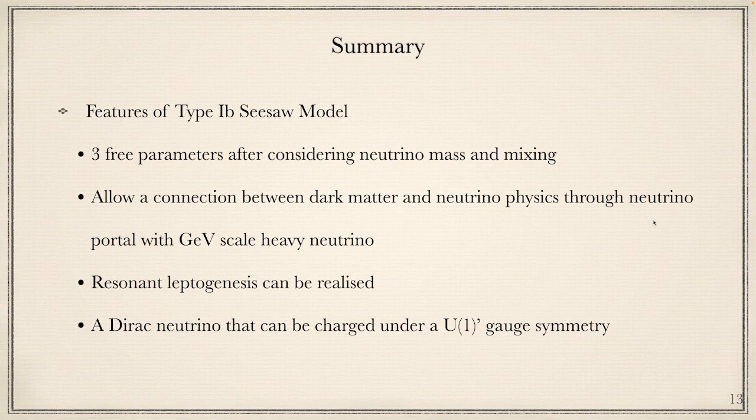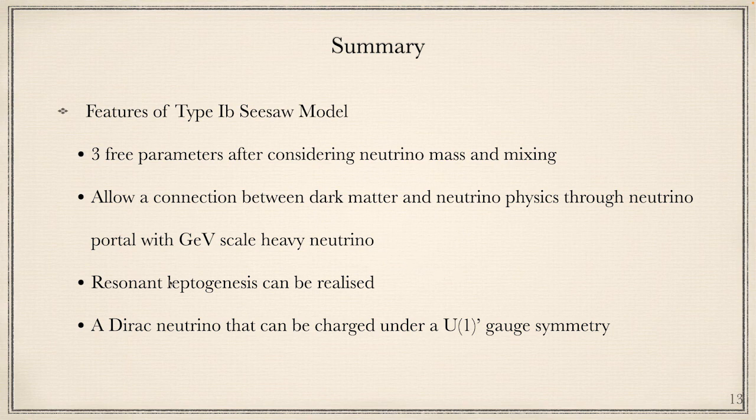So, in summary, the type 1b Seesaw model has the following features. First, there are only 3 free parameters after considering the neutrino masses and mixing. Due to the structure of the type 1b Seesaw model, it allows a connection between dark matter and neutrino physics through the neutrino portal with a GeV scale heavy neutrino.